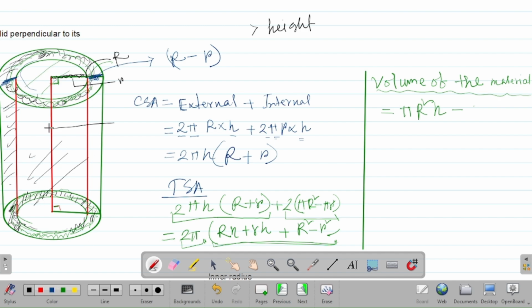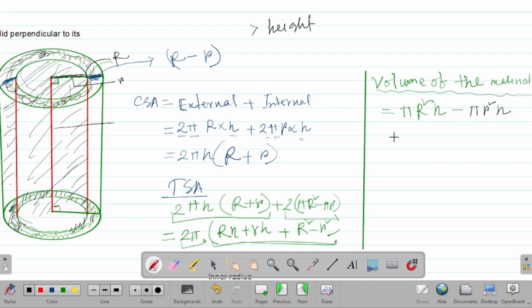This area is pi small r square, and if you multiply this pi r square by h, we get the hollow volume.